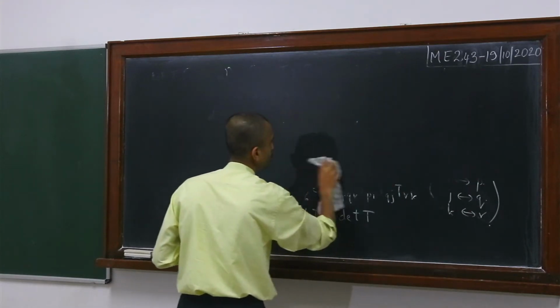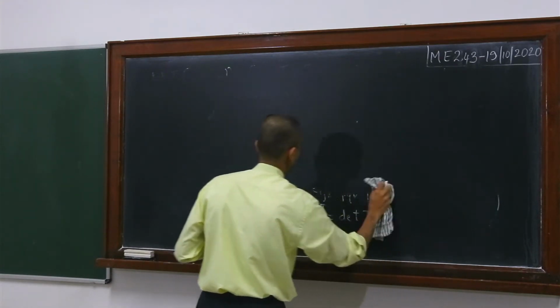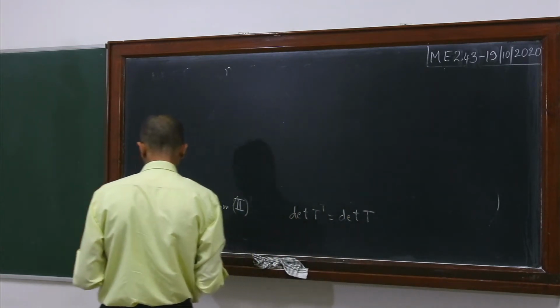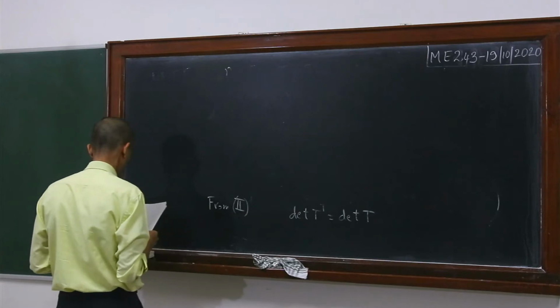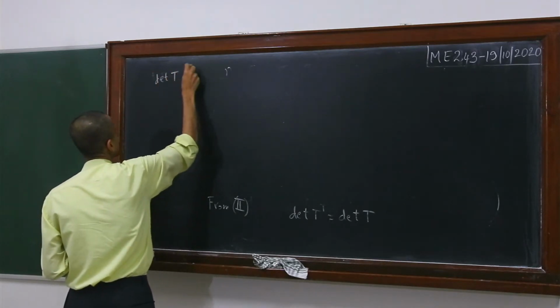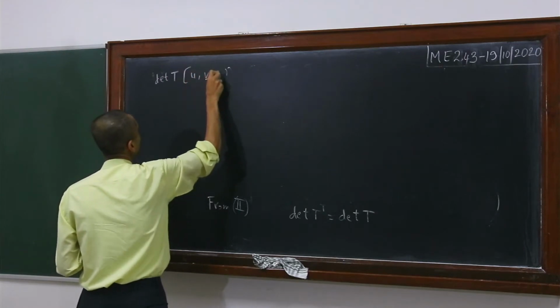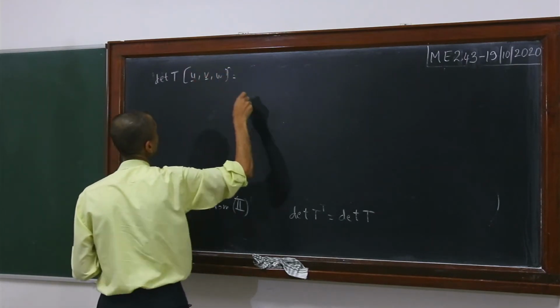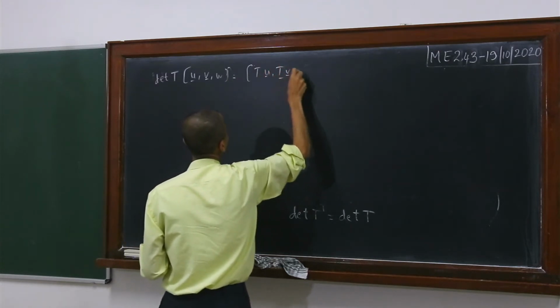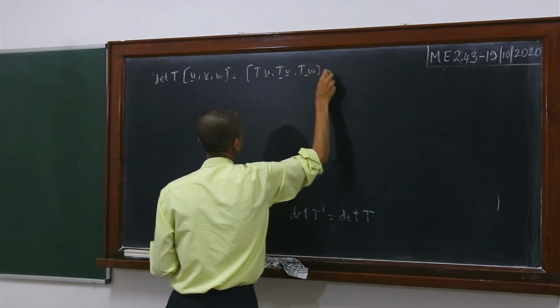So let us see some other expressions that we can get with this. Again let me just write that same formula here. So that is 1. This is [U V W] equal to T U dV dW. So this was 1.